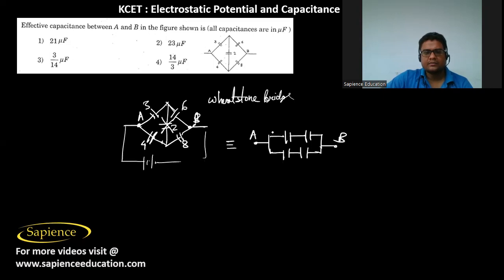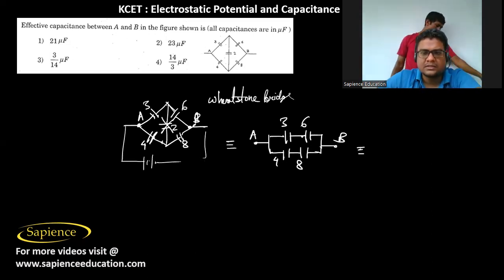So this is A and B, and this capacitance is 3 microfarad, this is 6 microfarad, this is 4 microfarad, this is 8 microfarad.